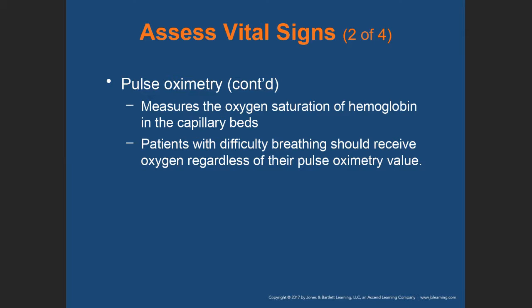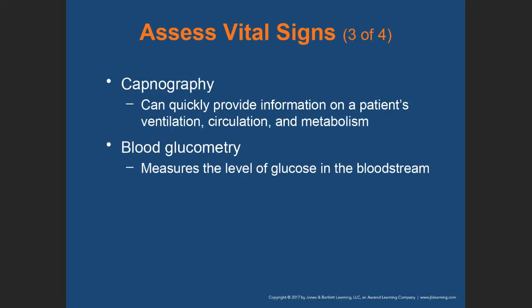Now, if your service allows, you can do capnography as well. Capnography measures the amount of CO2 that the patient is breathing out, and it's a good tool for measuring the effectiveness of ventilation. Very good tool for measuring if your patient is ventilating properly.